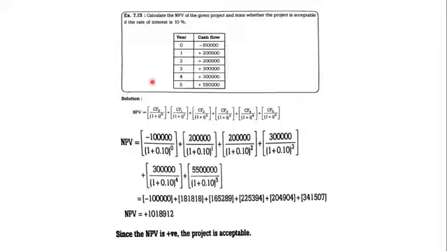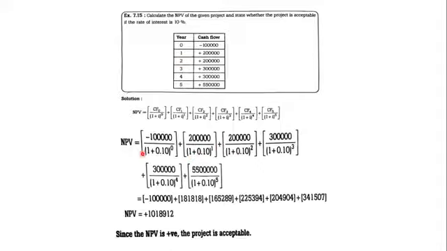CF0, the cash flow for year 0, is minus 1 lakh rupees, divided by 1 plus i, where the rate of interest is 10%, converted to 0.10, raised to n, the year, which here is 0. Next, 2 lakh rupees for the first year, divided by 1 plus 0.10 raised to 1.